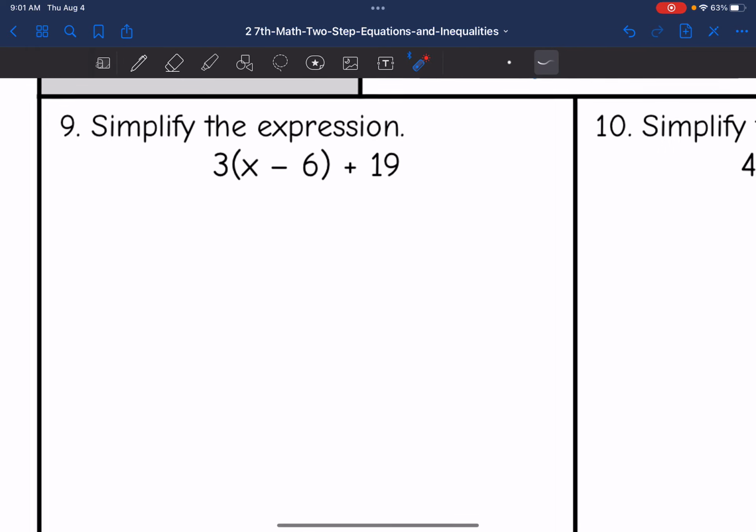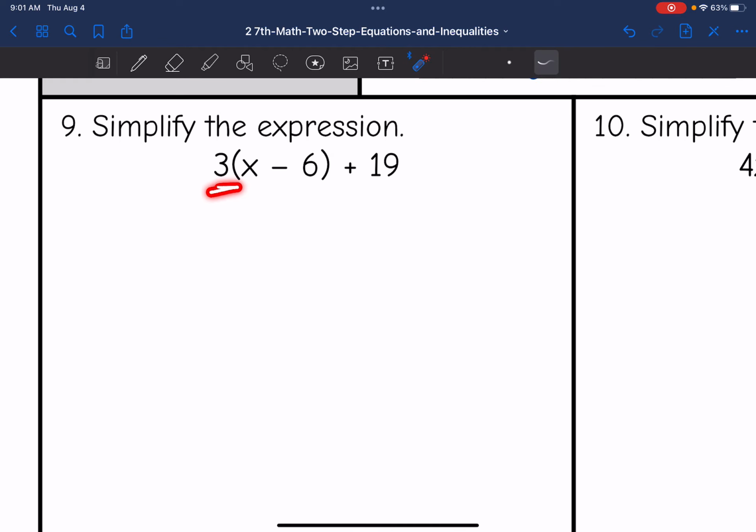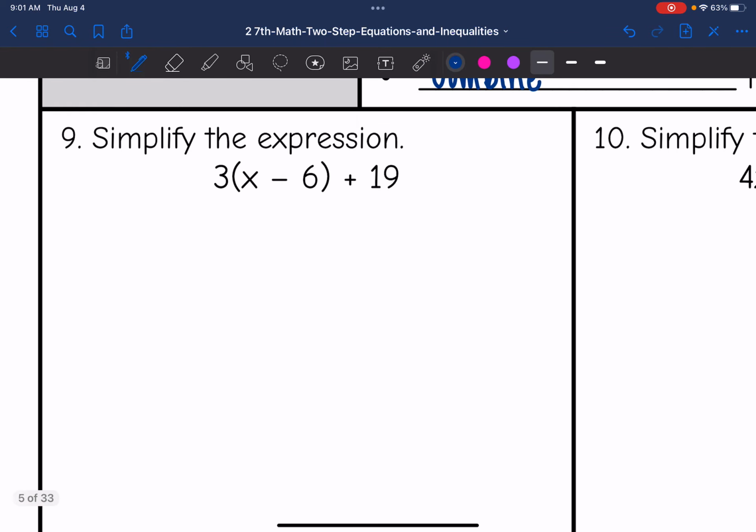So let's look at number 9. I have a 3 outside the parentheses, and I'm going to distribute that to what is inside the parentheses. So 3 times x is 3x, and then 3 times negative 6 is negative 18. This plus 19 is not inside the parentheses, so it's not a part of the distributing.